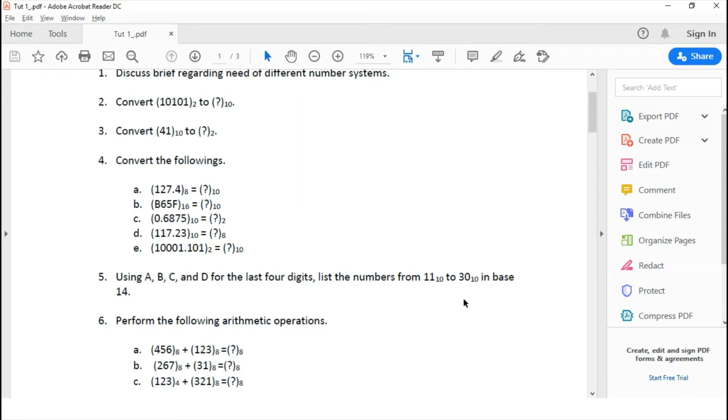Okay, so as we know, there are different number systems available. The foremost is the binary number system, which is used in our digital computers. The binary indicates only two states, 0 and 1, so it is also called a base 2 number system, and base 2 indicates that the digits can go up to 1.